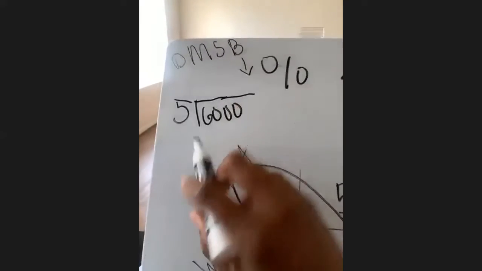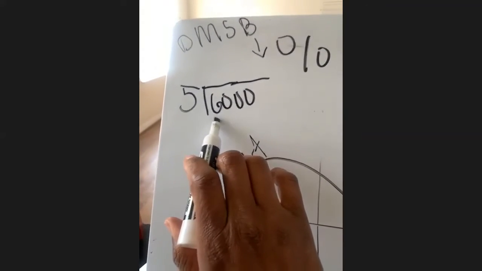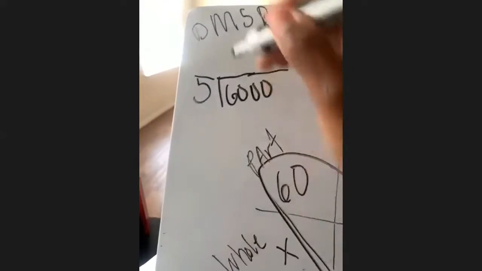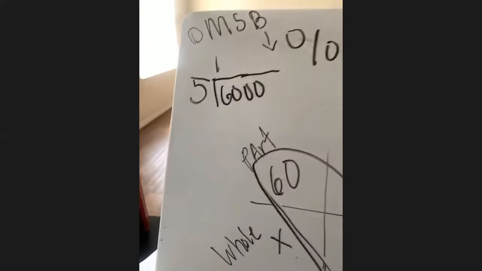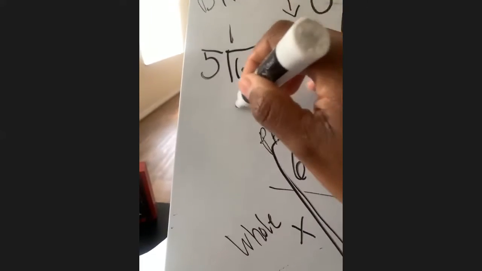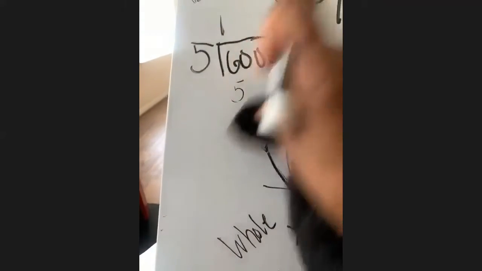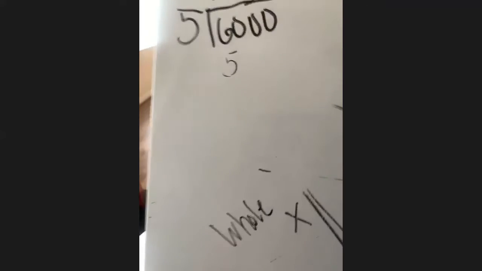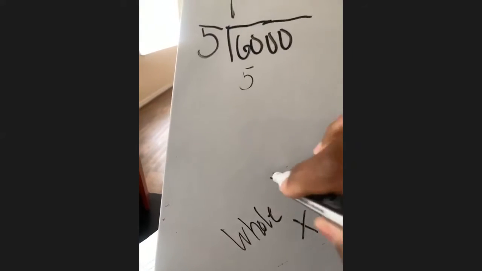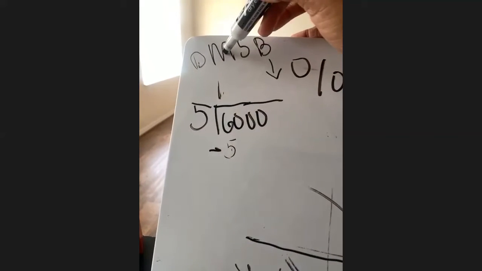So we'll take 5 divided into 6. How many 5s can you get out of 6? 1, right? And then 1 times 5 is 5. Let's give us some space here, right? Then we subtract, right? I told you, divide, multiply, subtract.